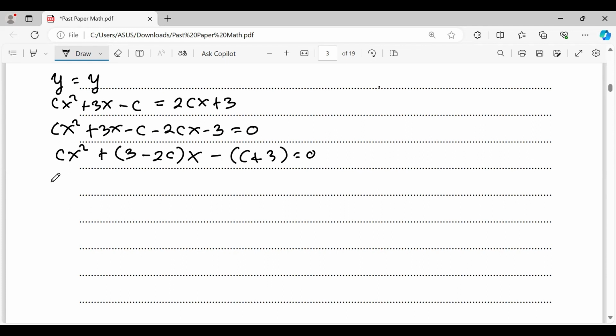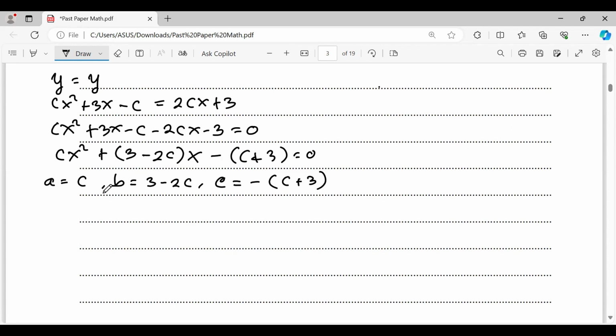Identify a equals c, b equals 3 minus 2c, and c equals minus c minus 3.